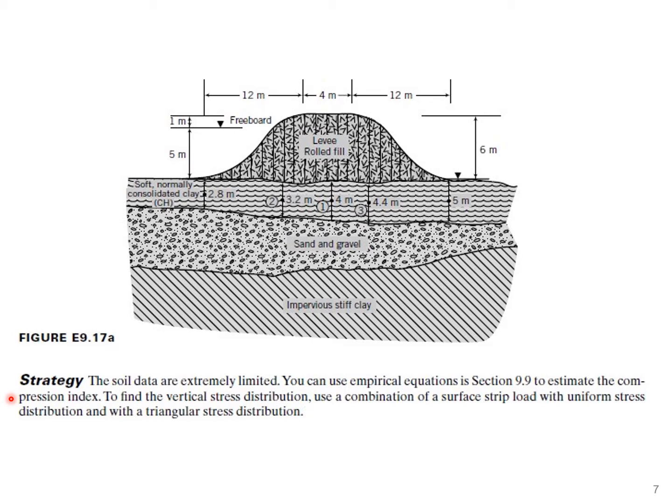So here you can see that we are having the uniform stress distribution in the middle, and we are having the two triangular stress distributions. This is one triangle, and this is another triangle.